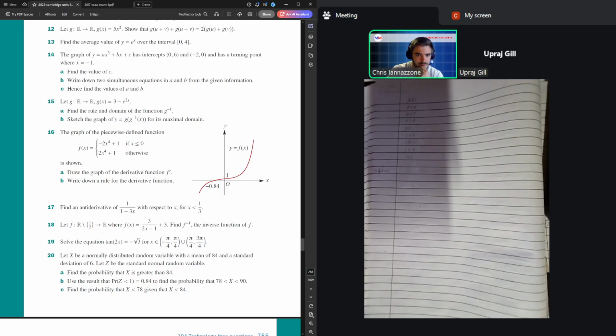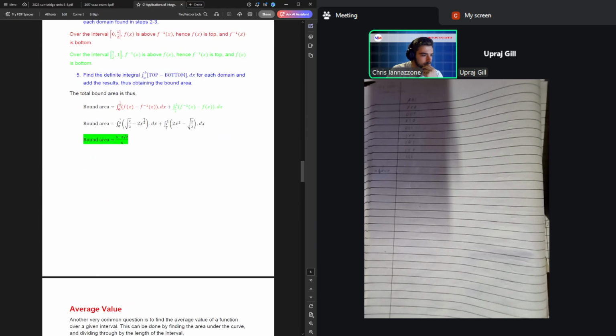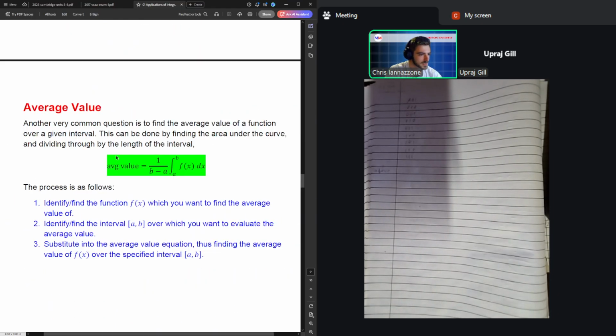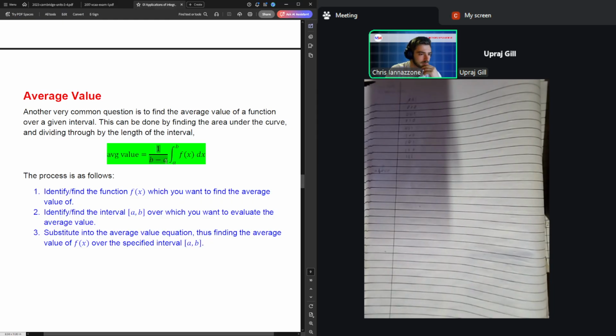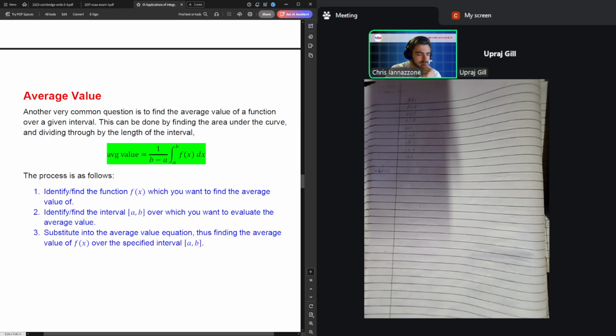Calculus, apps of integration. I think I put it in apps. Yeah, it's just this thing. So you're doing something similar, but with integration. You can think of integration as kind of like what we're doing with the average value when we're adding up all the data points and then dividing by the number. Integration is taking slices of area, summing all that up, and then dividing by the length of the domain, or in other words, just the number of slices.